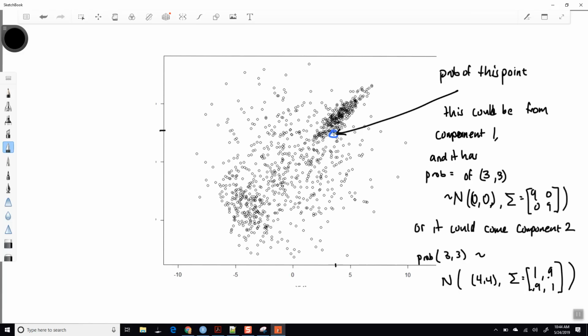But for this point, we don't know if it came from this one or from the big one. It's a little bit hard to classify, so we're just going to have to guess. And so the total probability of that point is going to equal the sum over components of alpha, the proportion of that component, multiplied by the PDF of the component distribution.